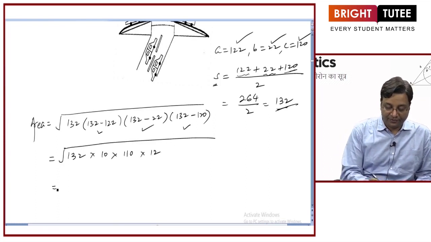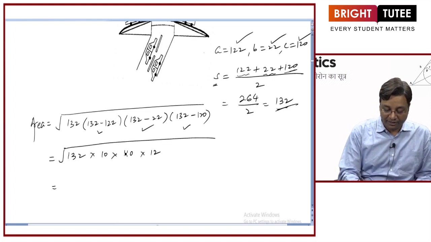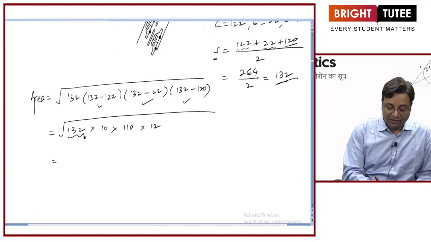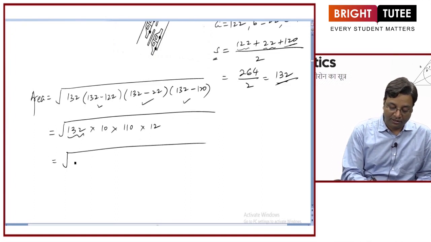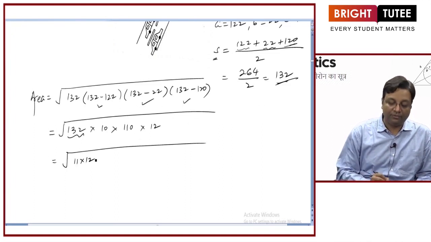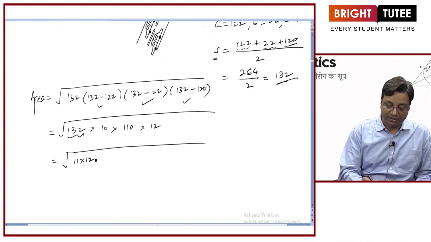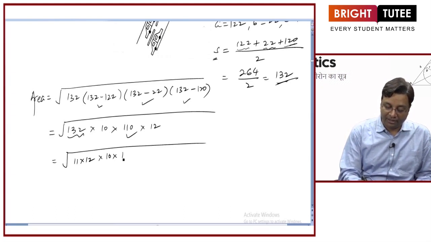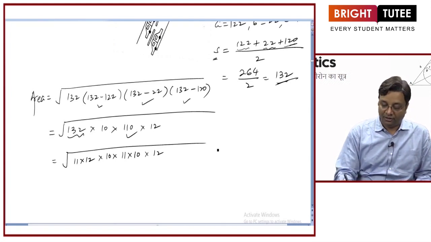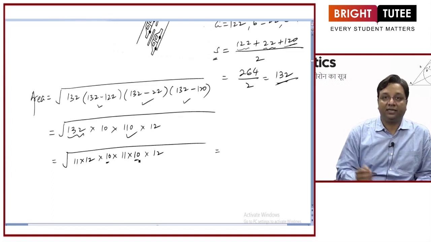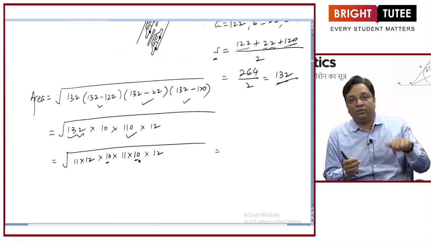To further simplify it, 132 is nothing but 11 into 12, and this is 10. 110 can be written as 11 into 10, and into 12. What I am trying to do is make the pairs so that I can calculate the square root easily.